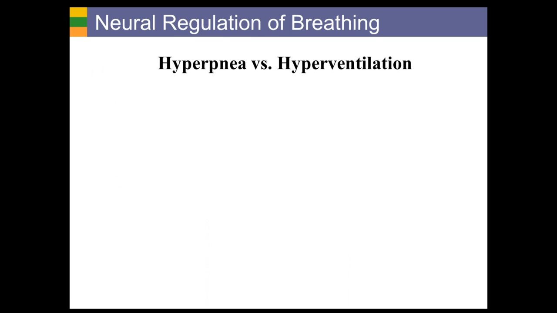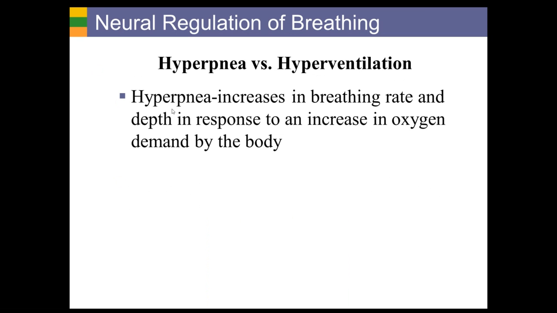Before I end, I do want to contrast two terms, and that's hyperpnea and hyperventilation. All right, so I said hyperpnea is an increase in breathing rate, but that is an increase in breathing rate that accompanies an increase in oxygen demand, such as when you exercise. When you exercise, your muscles need more energy, so they need more oxygen, so you breathe heavier.